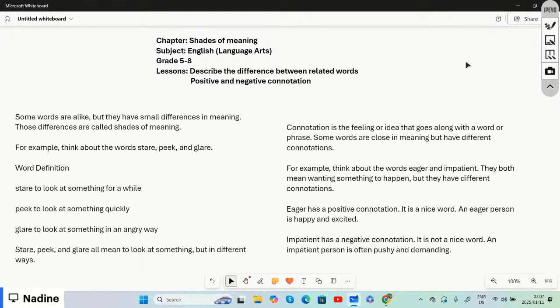That is why we call it shades of meaning. They are alike, with slight shades of different meaning.